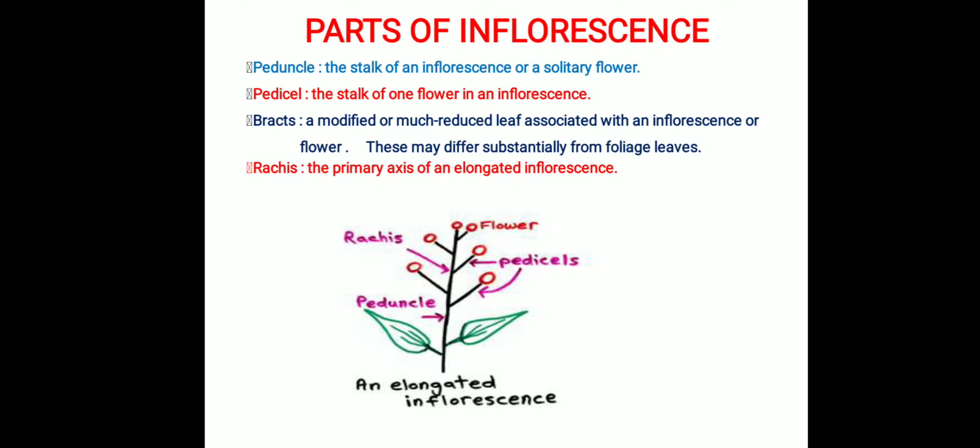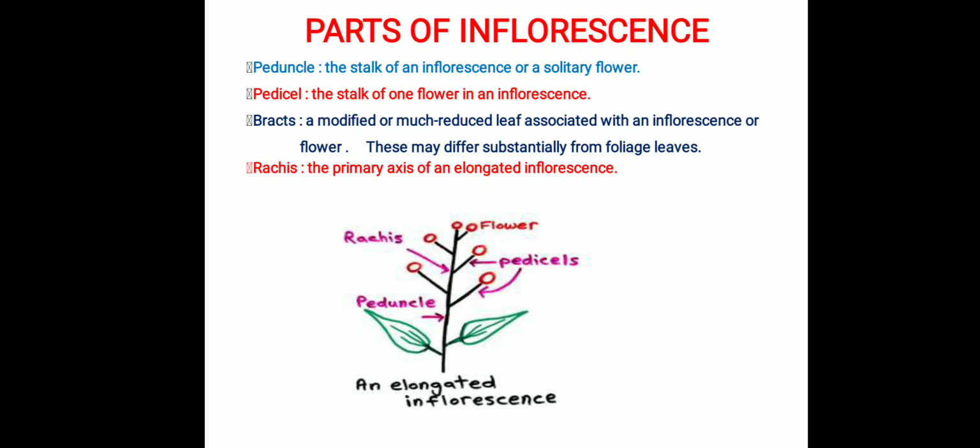Then third, bracts. Bracts are special leaves or leaf-like structures at whose axis the flowers are borne. Bracts may be green, leafy or colored and attractive. Example, bougainvillea.